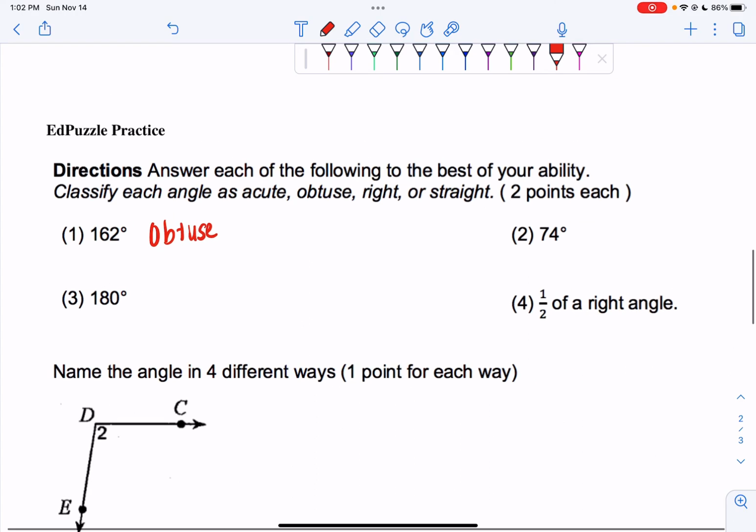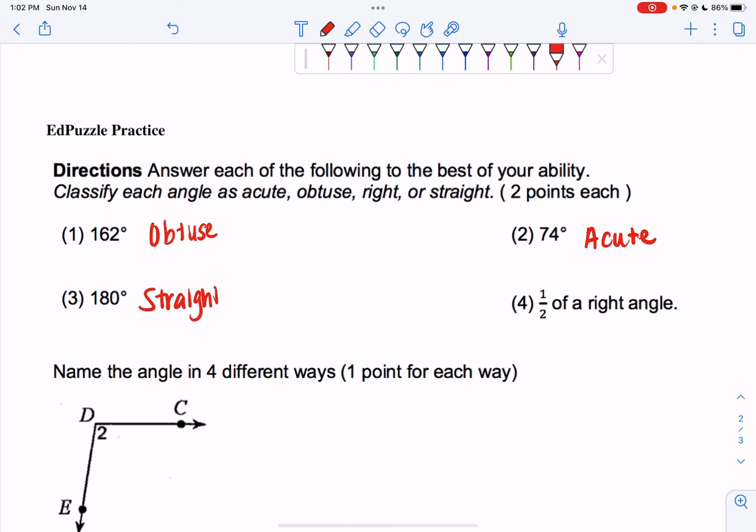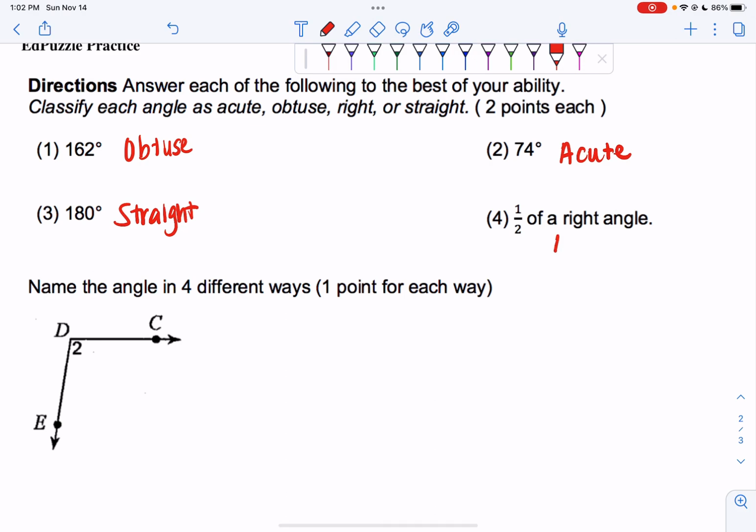If I have a 74-degree angle, that's smaller than 90, so I can say that this is an acute angle. 180 degrees, well, we know that that's a straight angle. And then half of a right angle. So for this one, I do 1/2 times 90, which is 45 degrees, which is an acute angle.